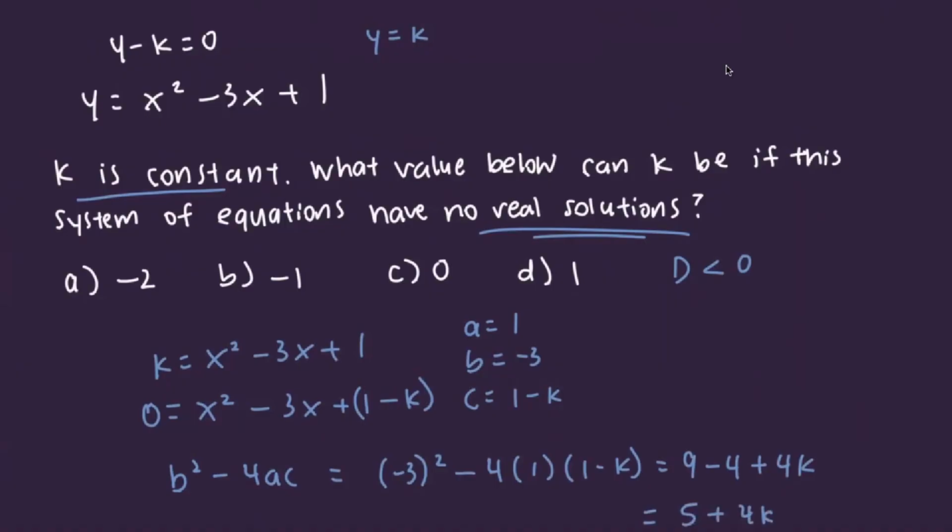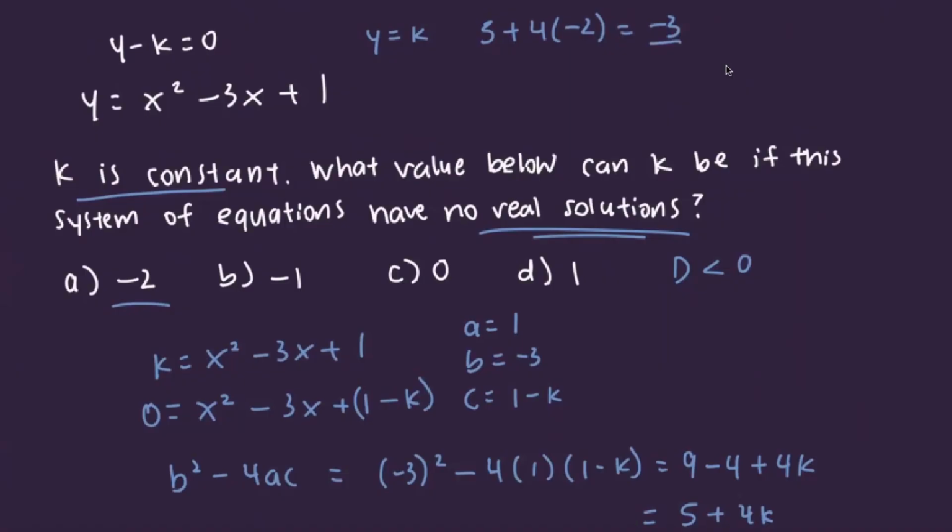Now, we can just plug in our answer choices and see which one will give us a negative discriminant. So let's try negative 2 first. 5 plus 4 times negative 2, that's negative 8, so it will be negative 3. We got our negative answer already.